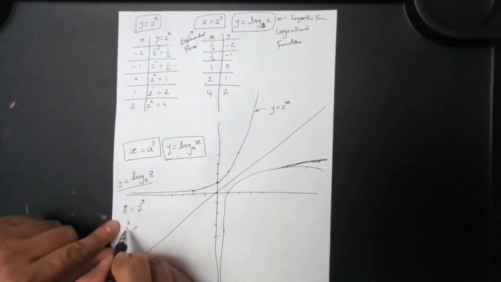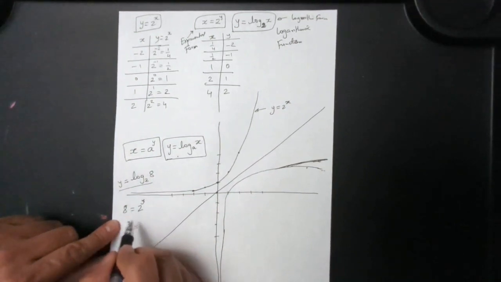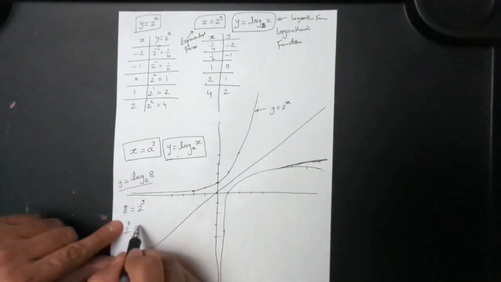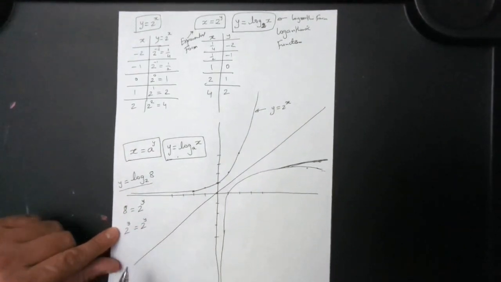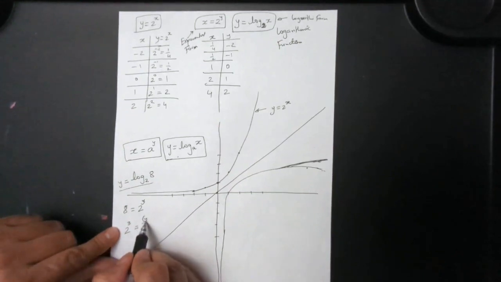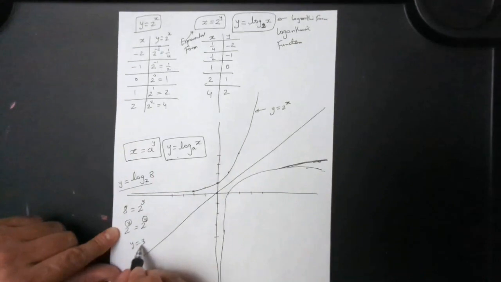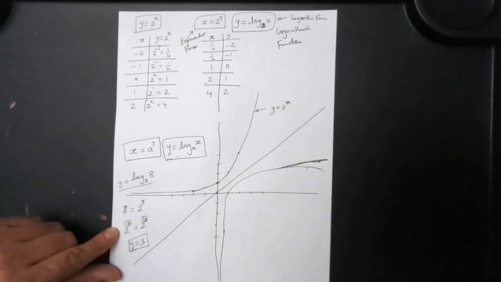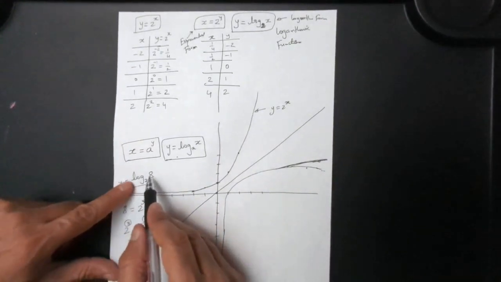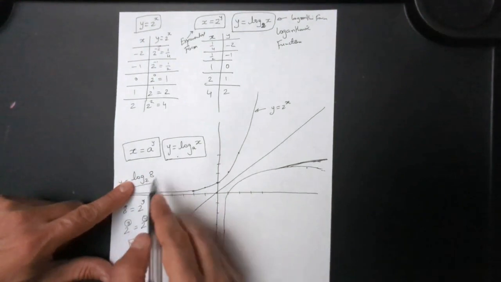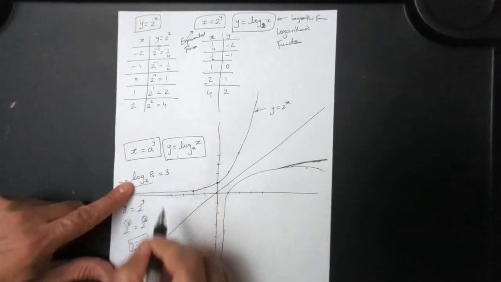So 8 is 2 to the power 3, so I can write 2 to the power 3 is 2 to the power y. So y is basically going to be 3. So log of 8 to the base of 2 is actually 3.